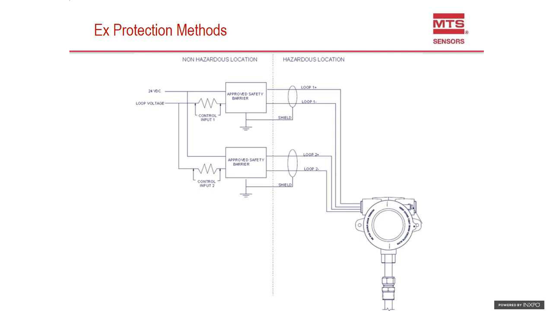Each component must be looked at to make sure there's not any stored energy that could be released and cause a spark that would ignite the atmosphere. So you have to be very careful and look at the overall system, each component of the system, and not just think that a safety barrier by itself will give you a rating.